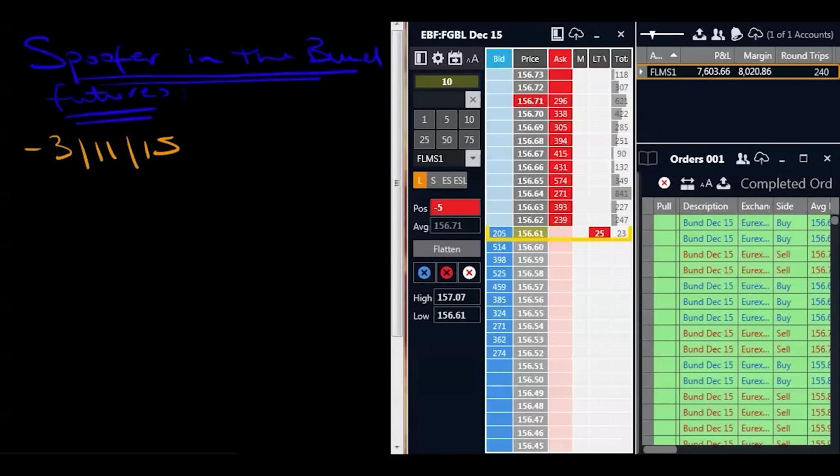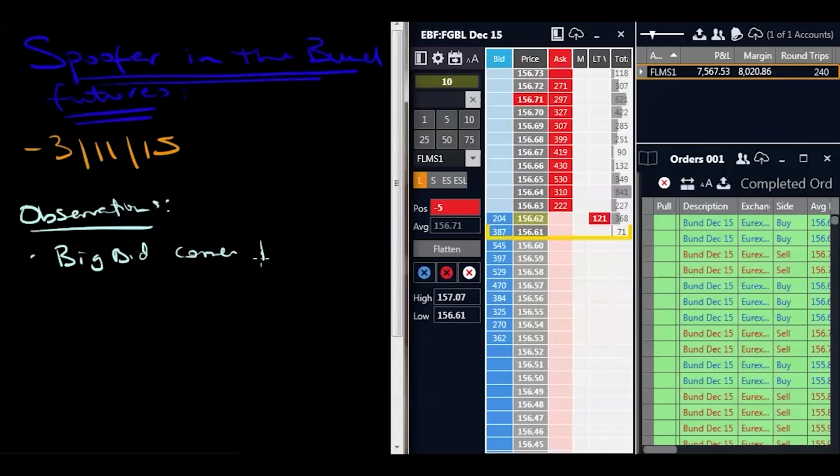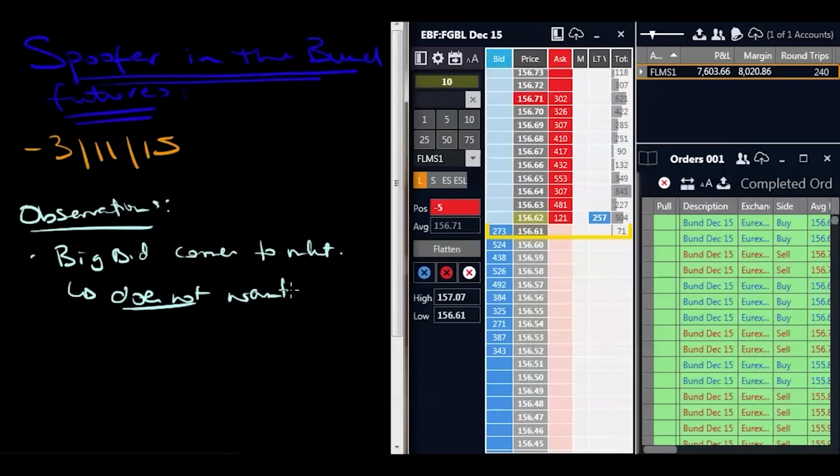We'll just quickly analyze what we saw. Observations, like we just mentioned, I'm going to highlight basically the main things that we saw. Big bid comes to market, does not want his or her fill, gaming.